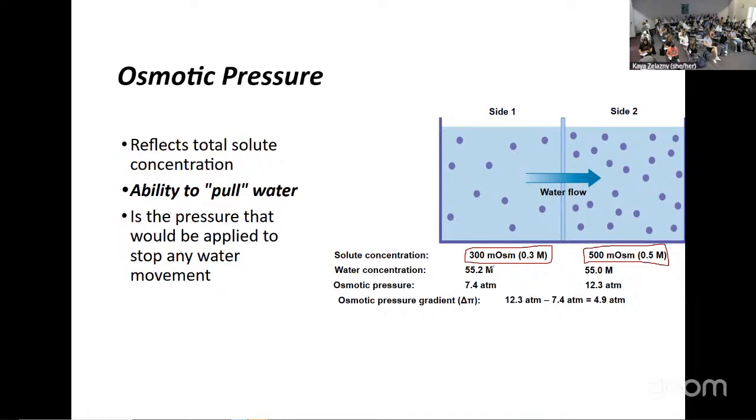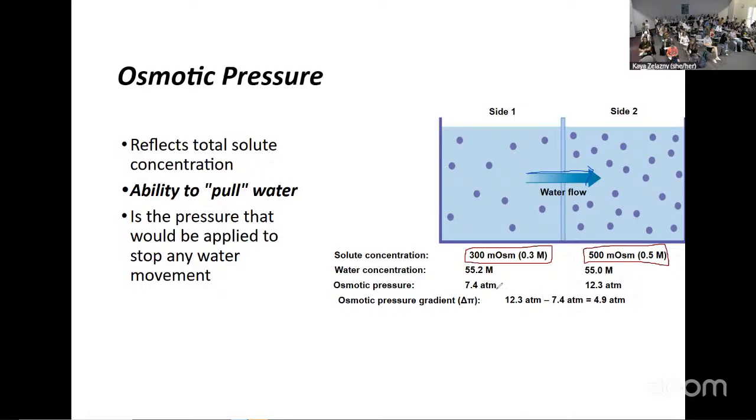More water on side 1, less water on side 2. So in total, our water wants to flow towards side 2. It wants to flow towards that area where we have less water and a lot more solute, flowing towards this higher solute to water it down. And we can measure that with our osmotic pressure.